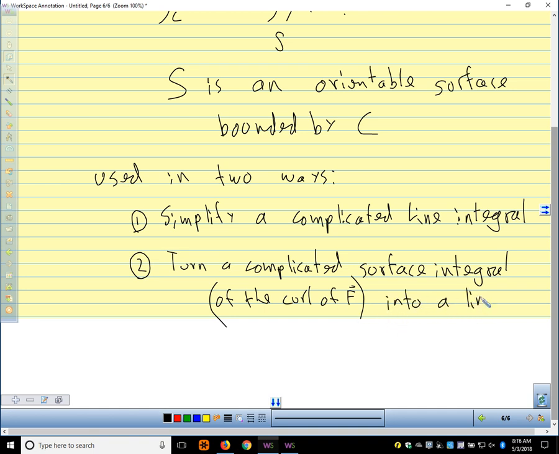So if we have a complicated surface integral of the curl of a field, we can turn it into a line integral.